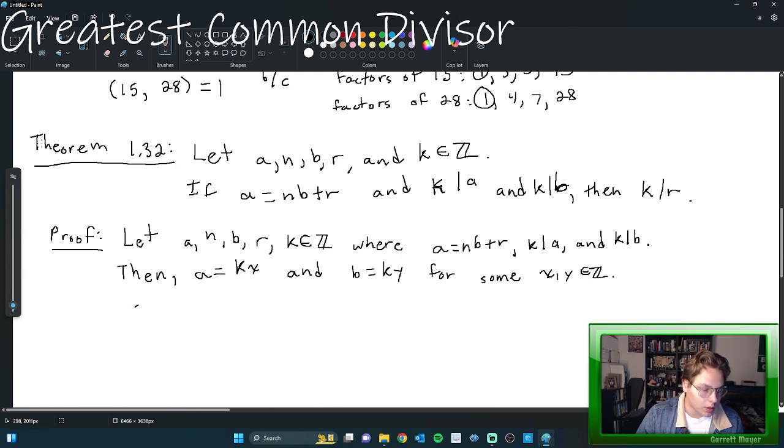So we can write out the original equation A equals nB plus r. That means kx equals nky plus r. If we subtract from both sides, kx minus nky equals r.